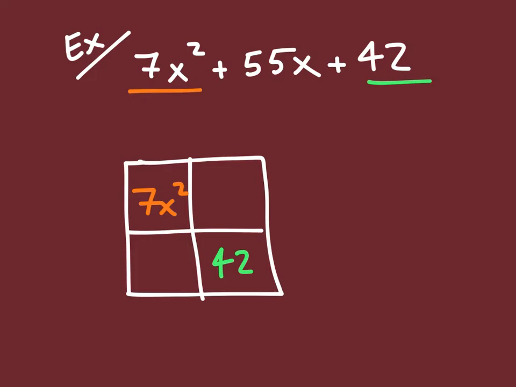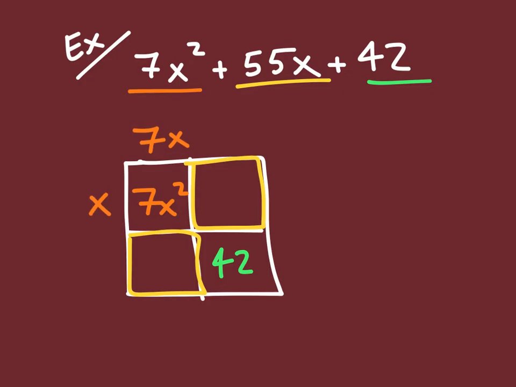And when we add these two boxes here in here, they need to add to our middle term 55x. So from here, we ask ourselves the same question. We say, what two numbers are going to multiply together to give us 7x squared? And that's going to be 7x and x, okay?